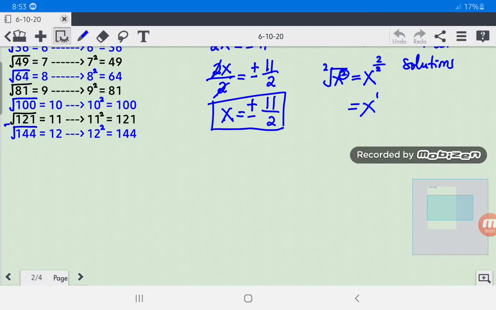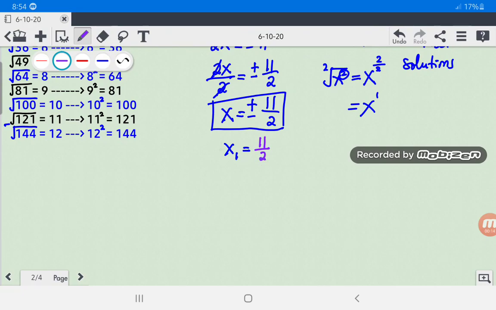So we have two values of x. x sub 1 is positive 11 over 2. And then x sub 2 is negative 11 over 2.